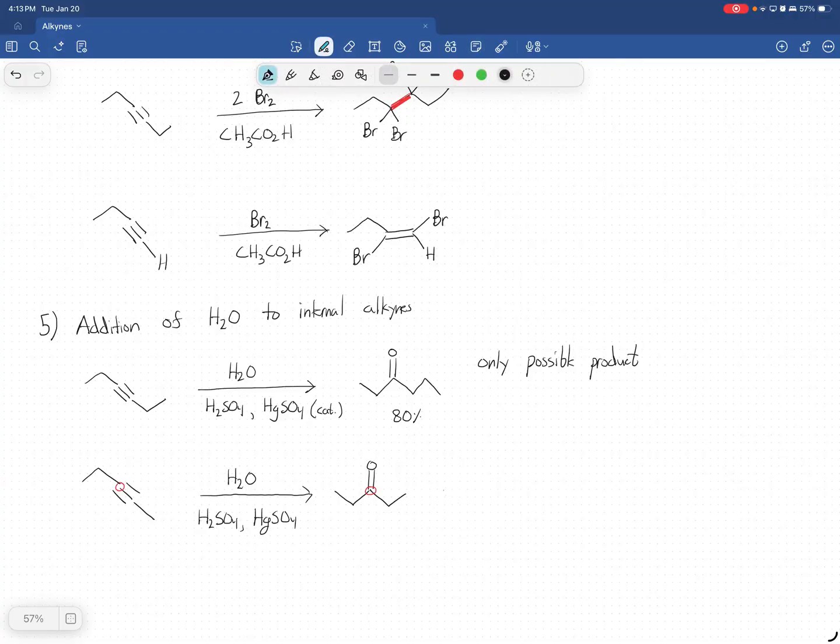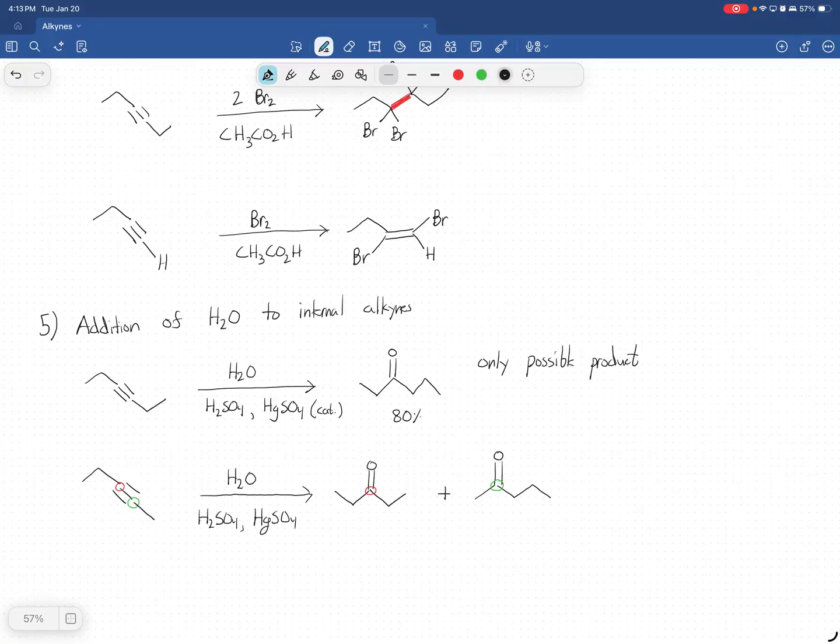So let's go back here. Plus, now you have the methyl. This is when the water adds to this alkyne side. So you can get 2 possible products because it's unsymmetrical.